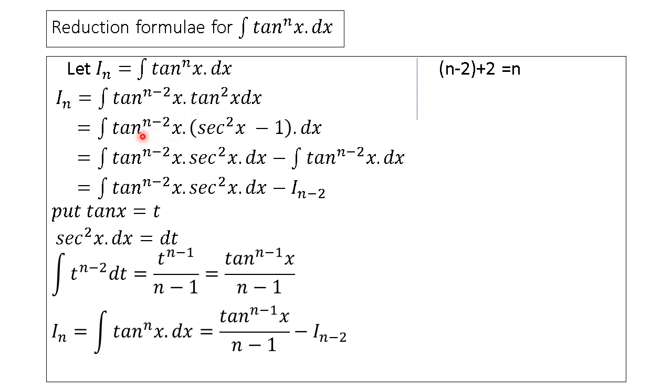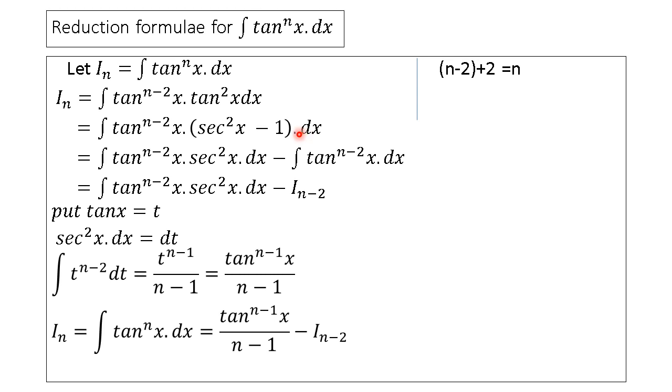In the next step, tan to the power n minus 2 x is as it is. By the trigonometric identity, we know that 1 plus tan square theta can be written as secant square theta. Similarly, tan square theta can be written as secant square theta minus 1. So here tan square x can be written as secant square x minus 1 into dx.